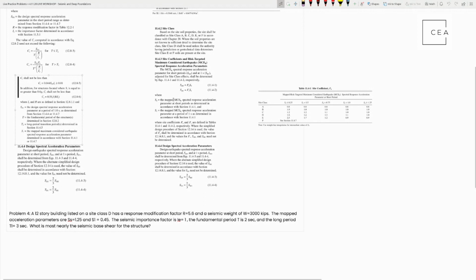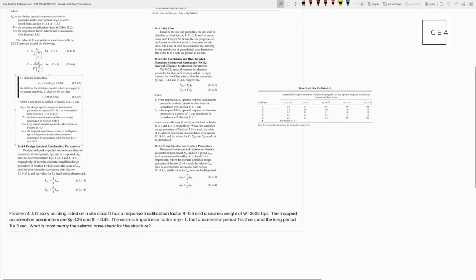SS is the mapped MCE spectral response acceleration parameter at short periods as determined in accordance with section 11.4.1. And S1 is the mapped MCE spectral response acceleration parameter at a period of 1 second as determined in accordance with 11.4.1. Site coefficients FA and FV are defined in tables.